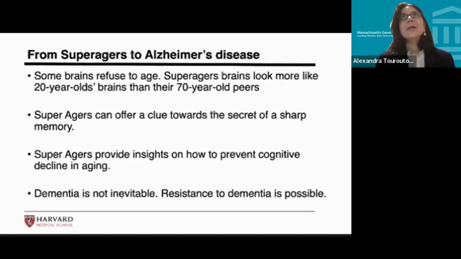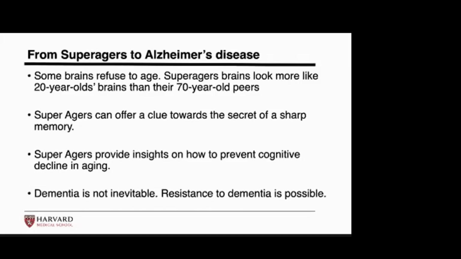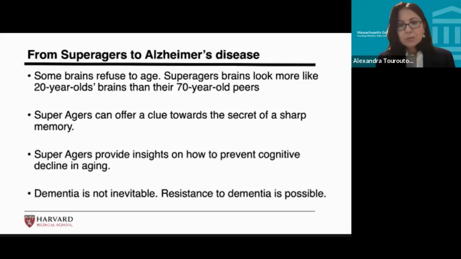So yeah, having a youthful, super sharp brain is possible in older age, and dementia is not inevitable either. I think that if we can understand with brain imaging and other research what makes super agers special and continue to maintain these youthful brains despite their age, I believe that's the first step towards understanding resilience to aging.